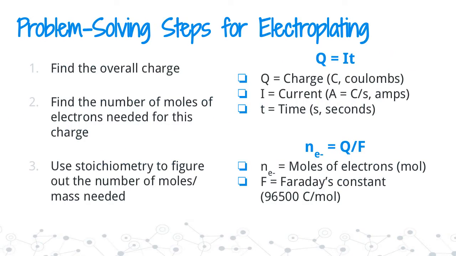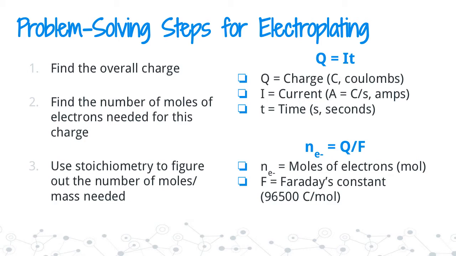Okay, so we can do some calculations to figure out how much metal is being plated onto our object. What I'm showing here is the problem-solving steps or the strategy that you want to use as you're approaching an electroplating question. In the first step, what you're going to do is find the overall charge.